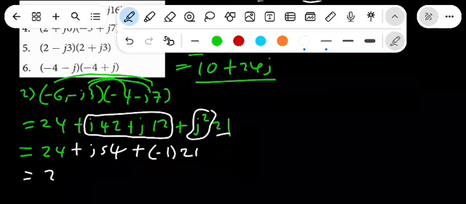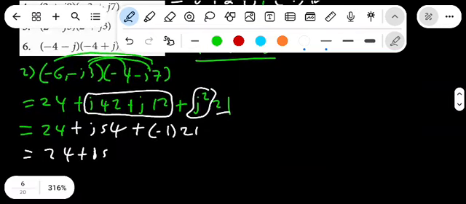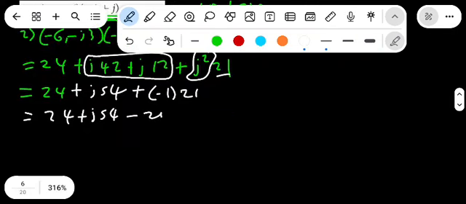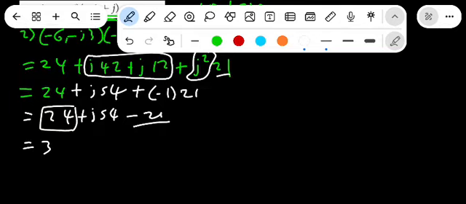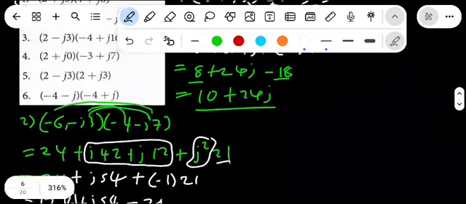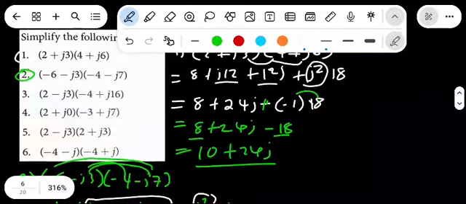This will be 24 plus j54 minus 21. 24 minus 21 will have 3 plus j54. So this is how you go about dealing with these things.